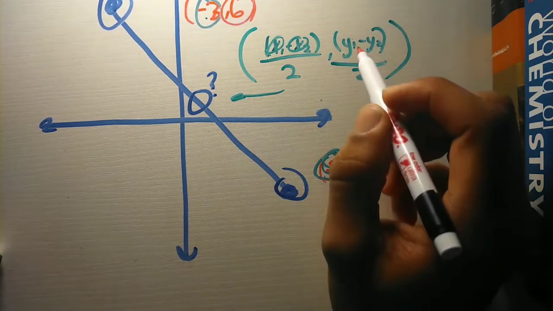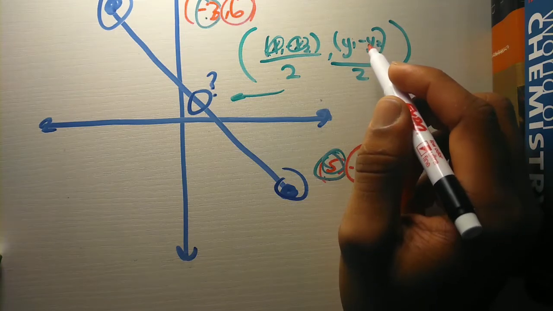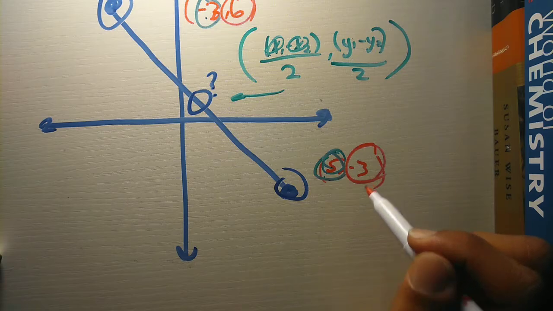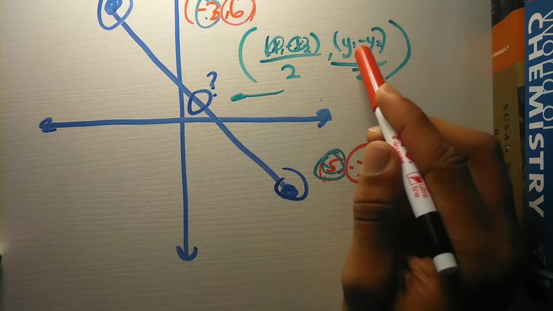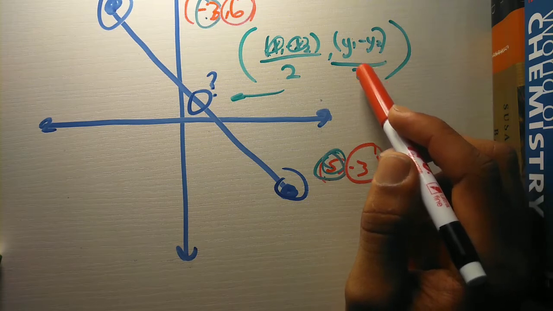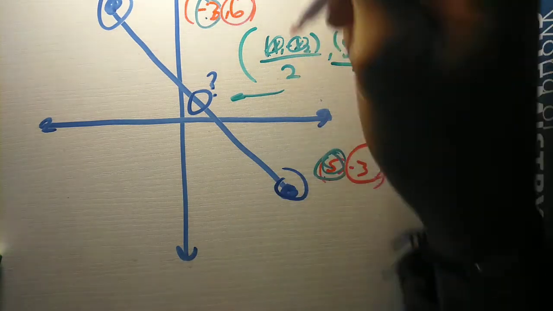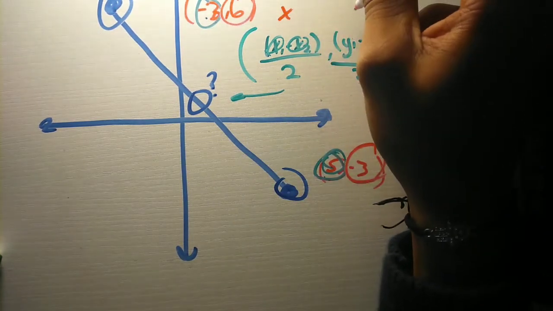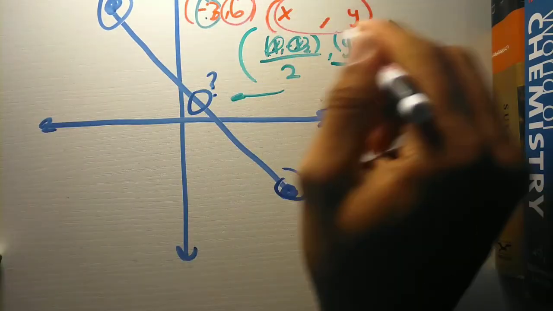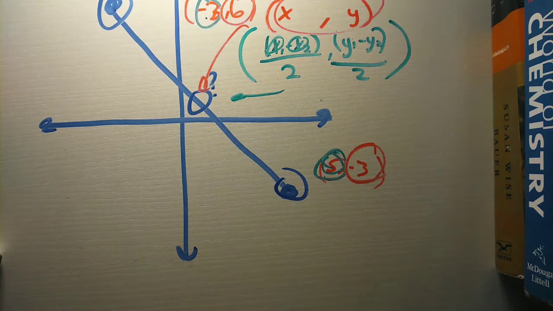In this case, it would be 6 minus -3, and we will divide that by 2 after subtracting it, and we would get our y coordinate. So this is essentially our x, and this is our y. And that is how we find our midpoint on the line segment.